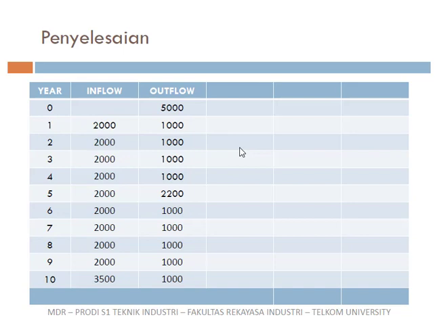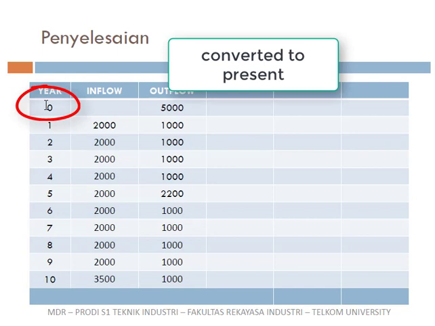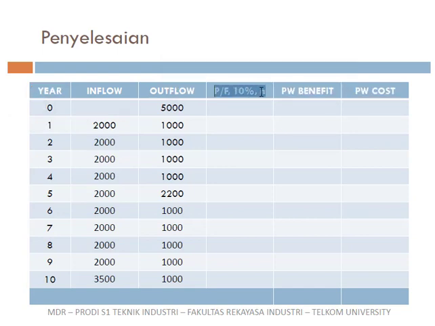Now we are going to find the equivalence of each cash flow, both cash in and cash out. The compound factor formula is the same, which is just converting the future value to the present worth. So just put in this formula and then compute the present worth of benefit and the present worth of cost.